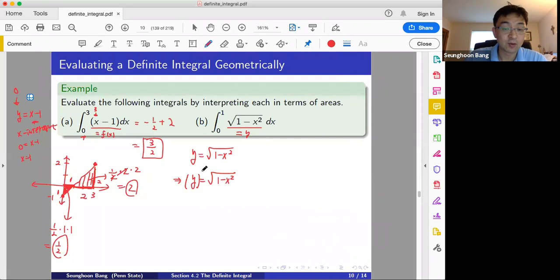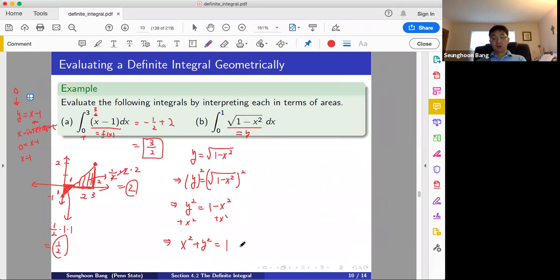You can square both sides. What's that? y squared equals 1 minus x squared. You can add x squared to both sides. x squared plus y squared equals 1.